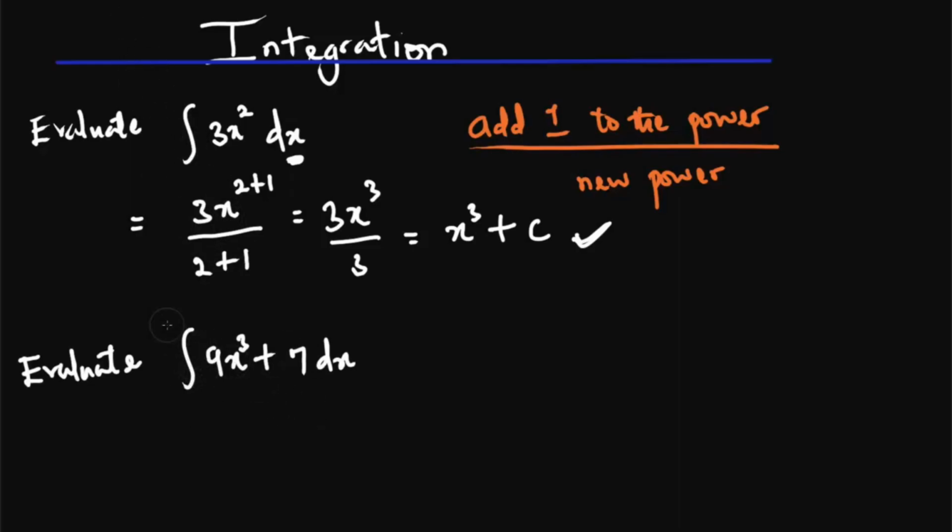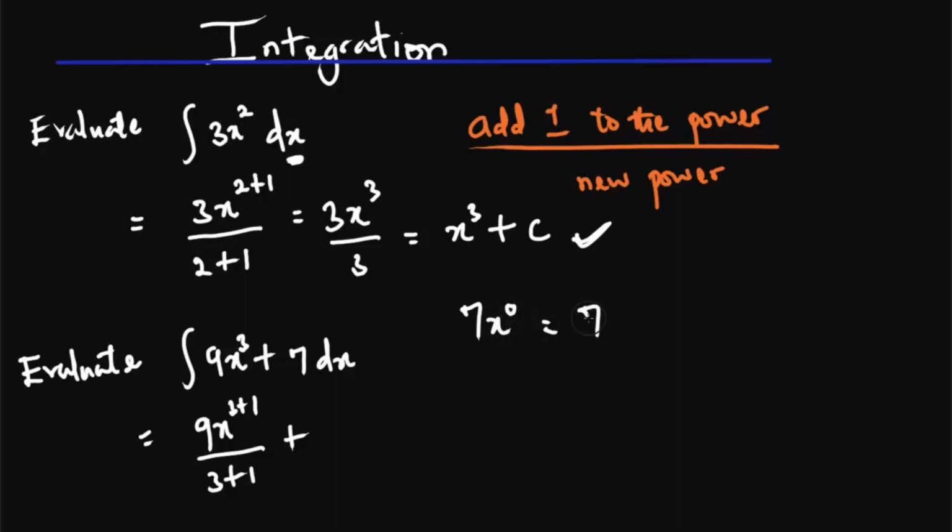The next question is to evaluate the integral of 9x cubed plus 7 dx. How do we integrate this? Just like we did before, we add 1 to the power and then divide by the new power. So this becomes 9x to the power 3 plus 1 over the new power, 3 plus 1, plus 7. Now 7 has a variable x to the power 0, because x to the power 0 is 1.